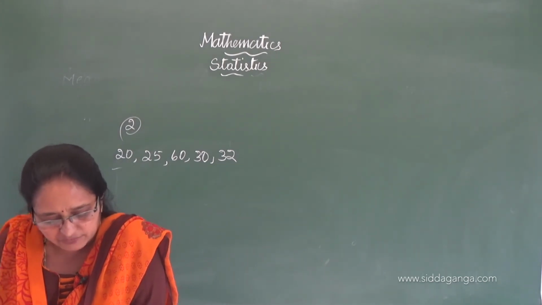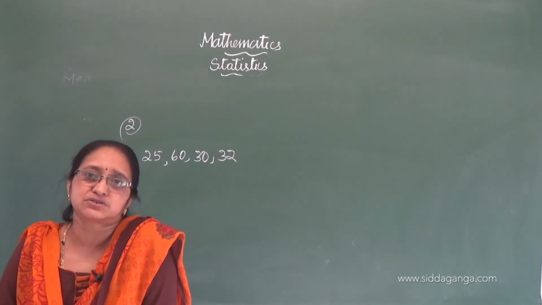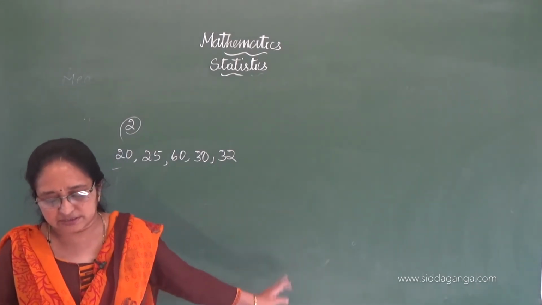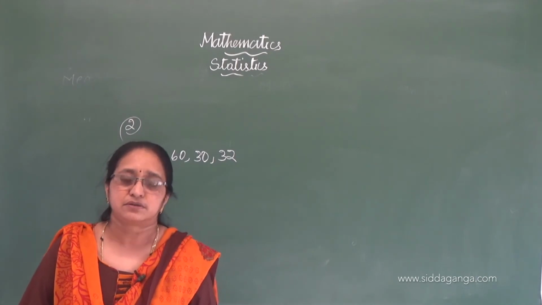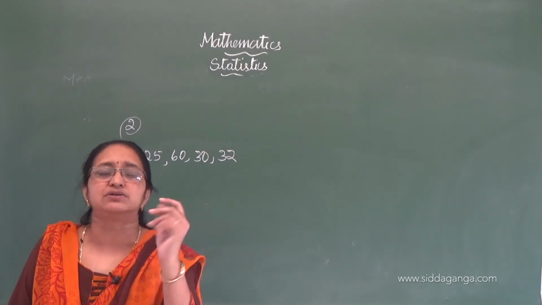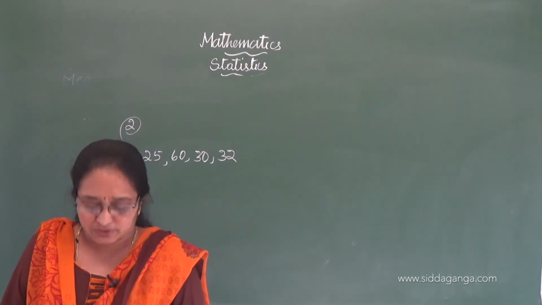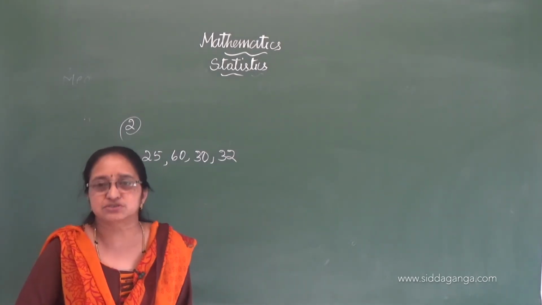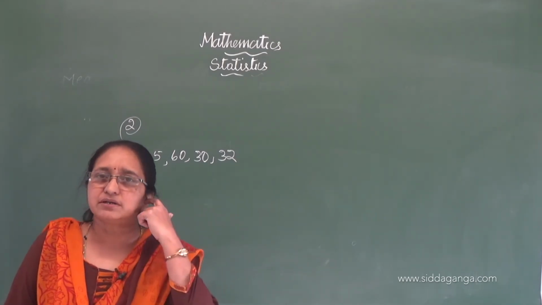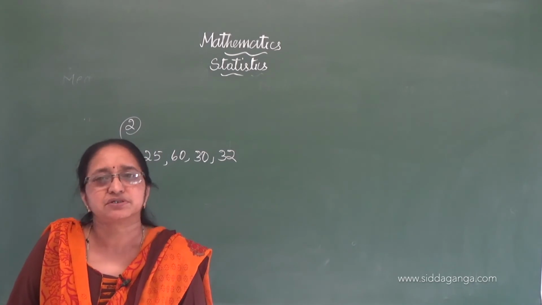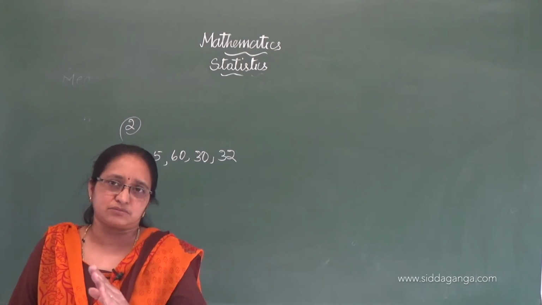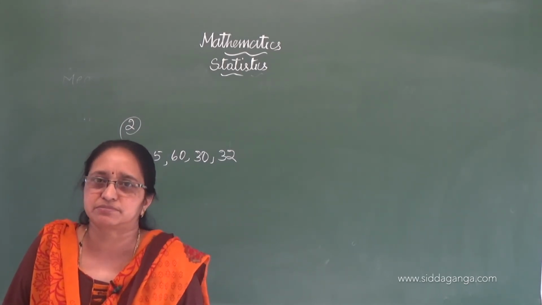For example, if the class frequencies are more or less the same, the mean is actually a good representation of the data. But if the frequencies are like this, then it will not reflect the data exactly. So in such cases the mean is not a good representation of the data. I hope you understood this. Mean is a common central tendency which is used, but sometimes it does not represent the data.